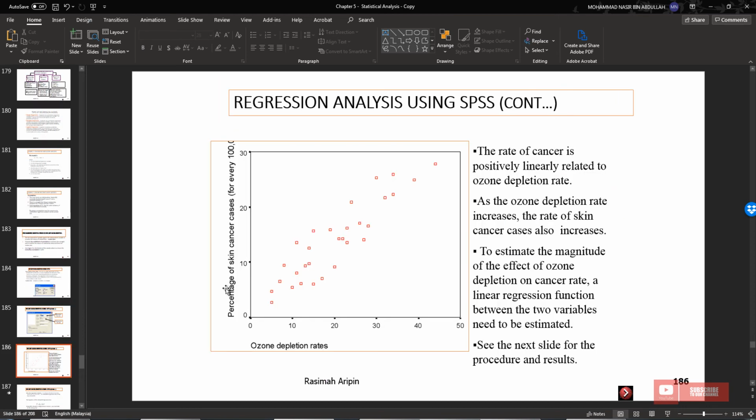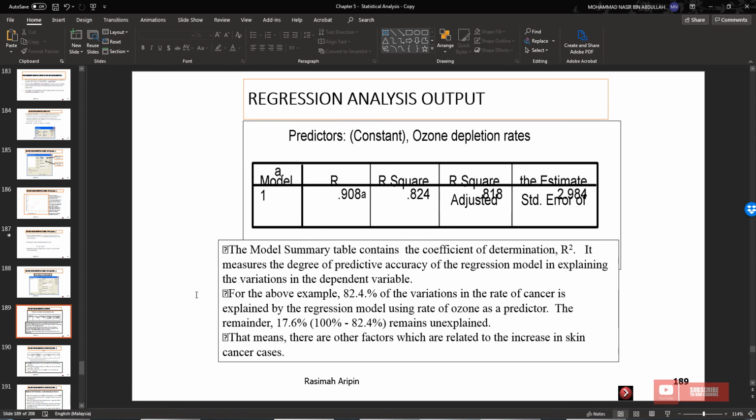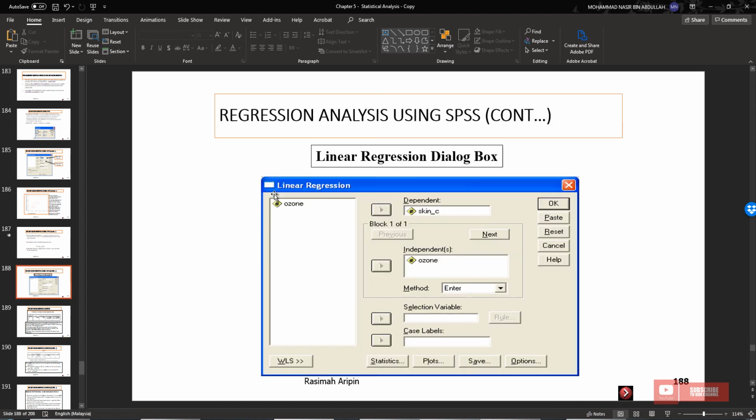So this is how we use it in SPSS. Now I just want to look into the result given by SPSS. This is model one, that we input into SPSS. We are inputting skin as the dependent variable and ozone as the independent variable.